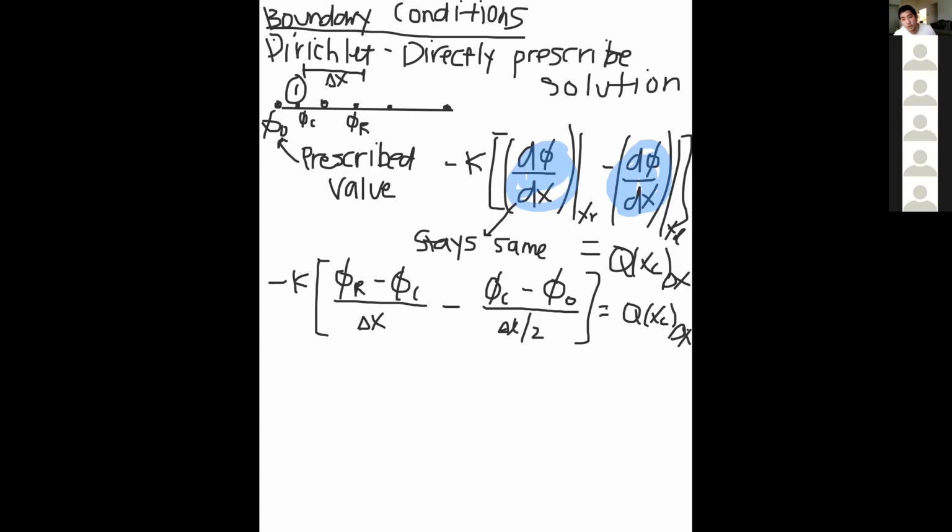So on the right-hand side, we still have q of xc times delta x. Since for the Dirichlet boundary condition, phi naught is a lot closer to phi c than phi r, we have to divide by a different distance. This distance right here is shorter because the distance to the Dirichlet boundary is shorter.